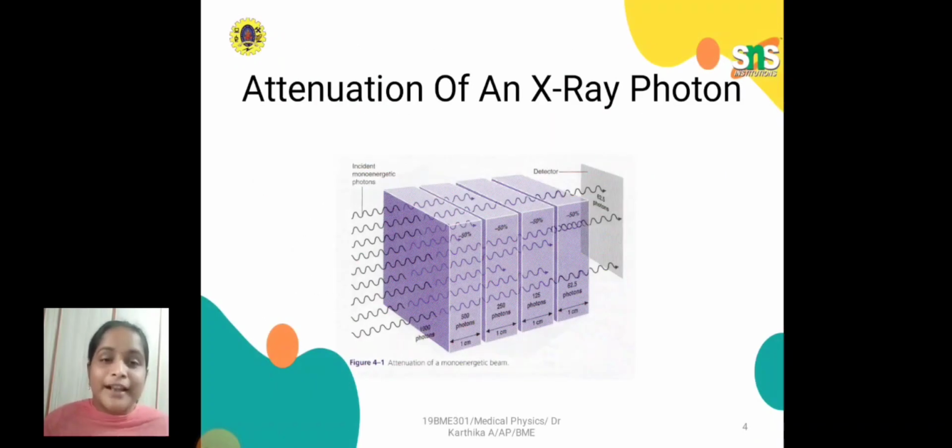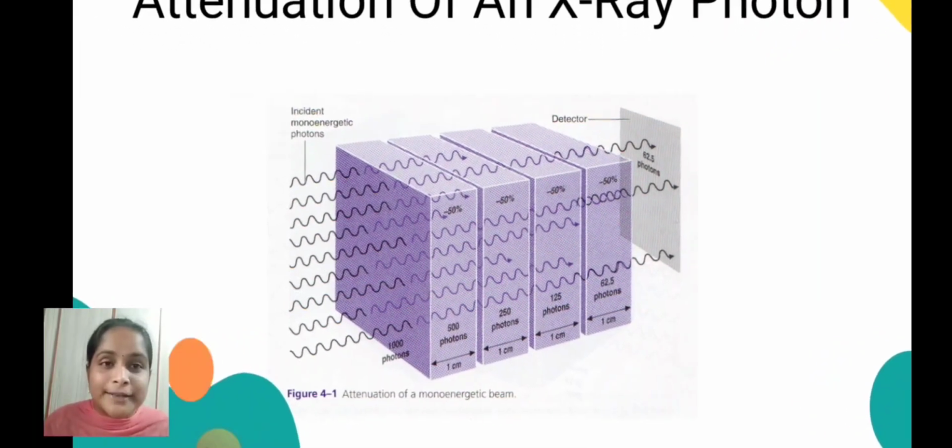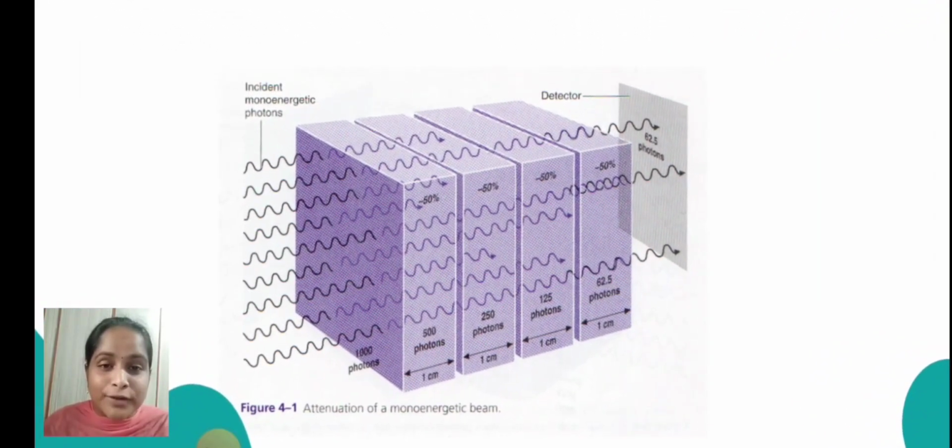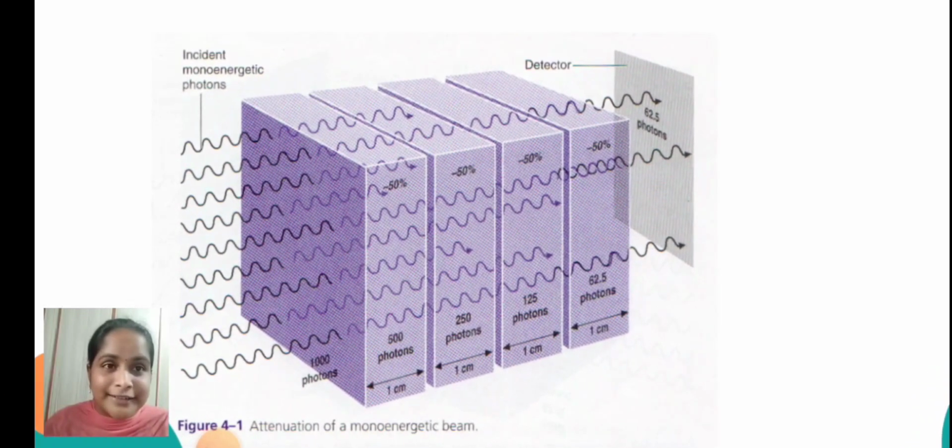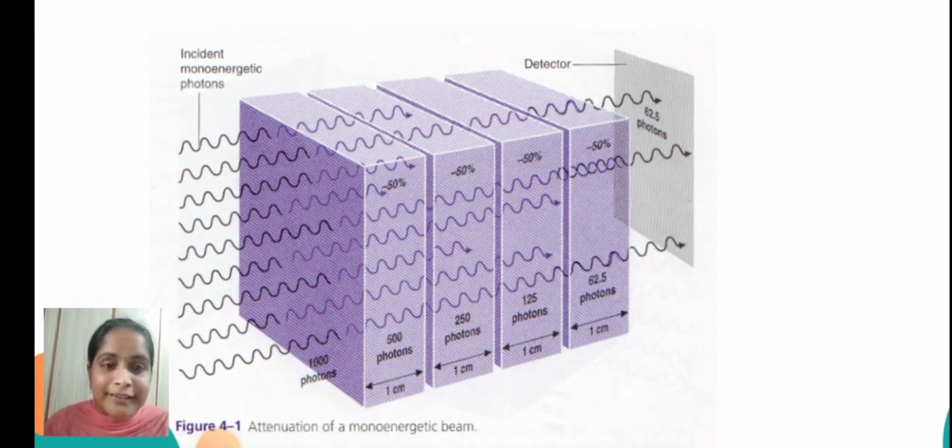This figure clearly shows the attenuation of an X-ray photon. First, the incident monoenergetic photons enter the matter or any object, and on the other side we have a detector. 1000 photons enter the object or matter, and at the end there are 62.5 photons.